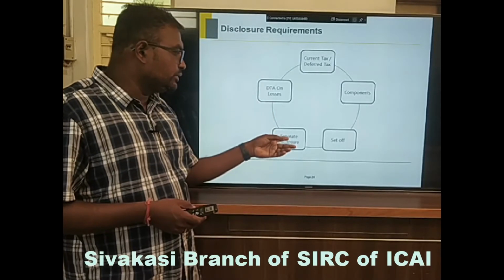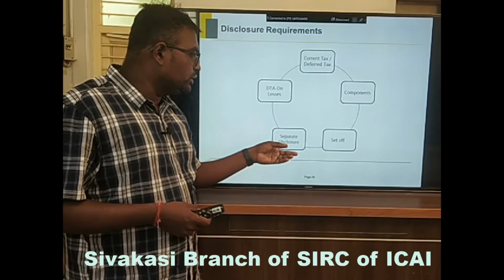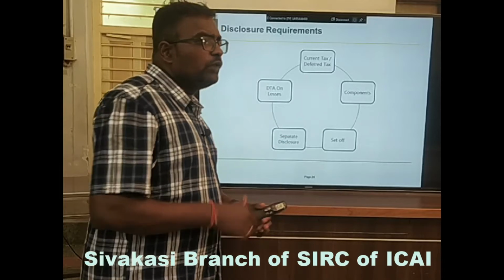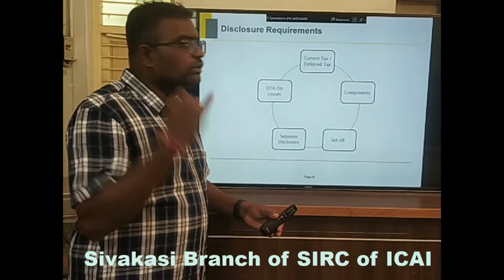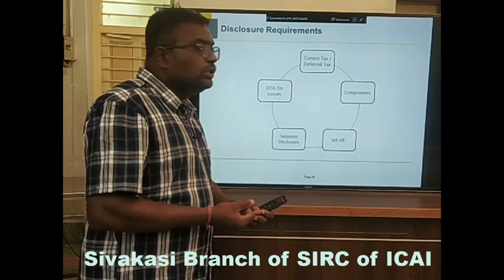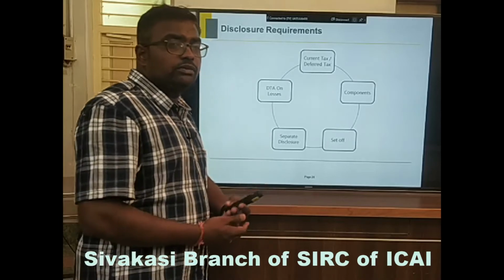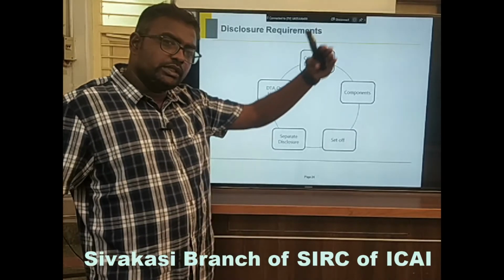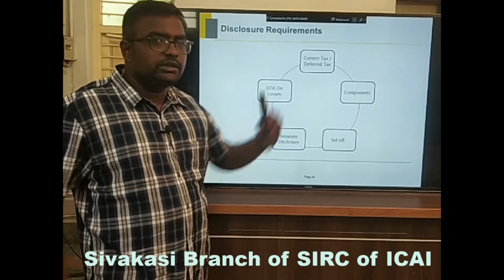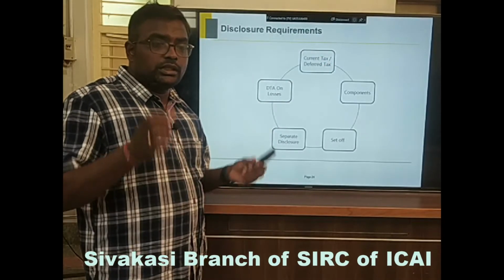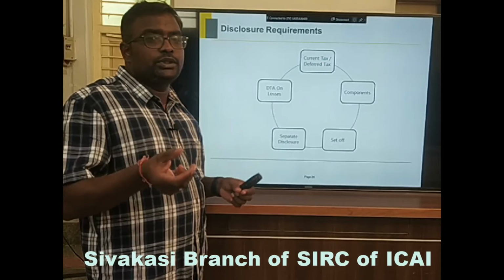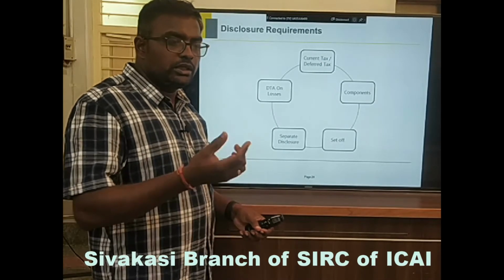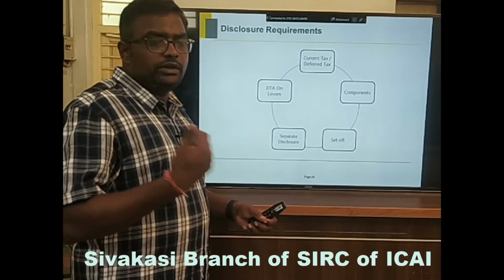Separate disclosures: you have to disclose in case of consolidated financial statements. If one company has a deferred tax liability and another company has a deferred tax asset, you don't have a legal right to set off. You have to disclose the deferred tax liability separately and the deferred tax asset separately. However, as a company, you can show a net position if you have a legally enforceable right to set off those deferred taxes.